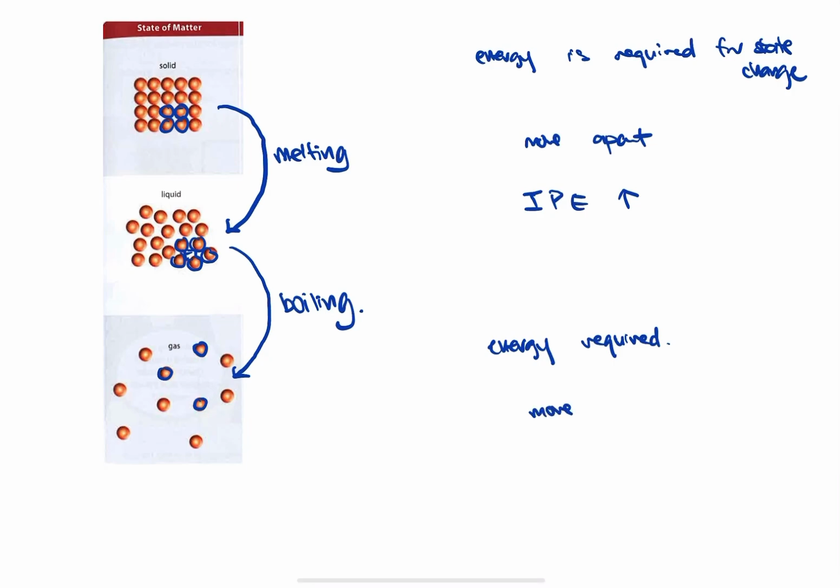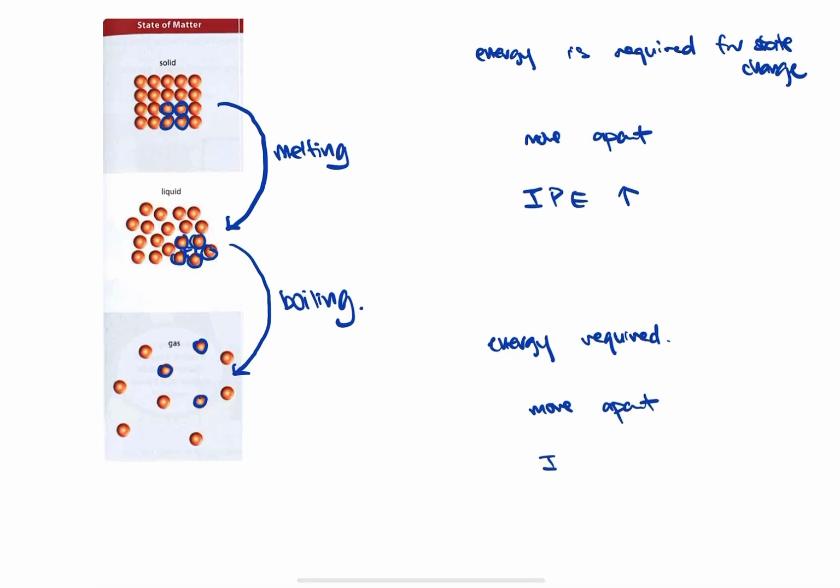So the particles move further apart, and then the internal potential energy of the particles will once again increase. Okay, so this is during state change. So you notice that during state change, we talk about changes in internal potential energy.